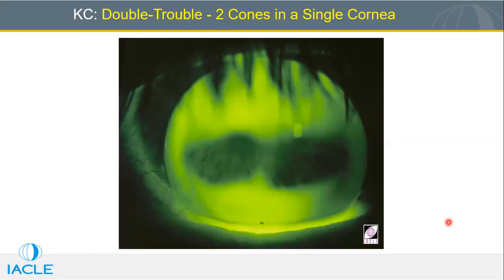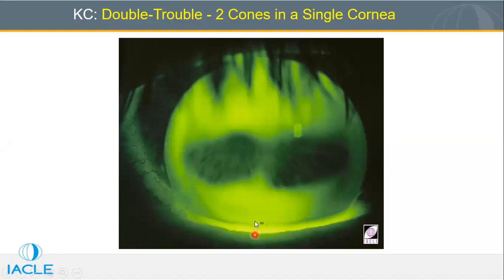What is this? If you can see the fluorescein pattern, can you tell us about the cornea, why we are seeing this kind of fluorescein pattern? The lens is resting at two places, this place and this place.